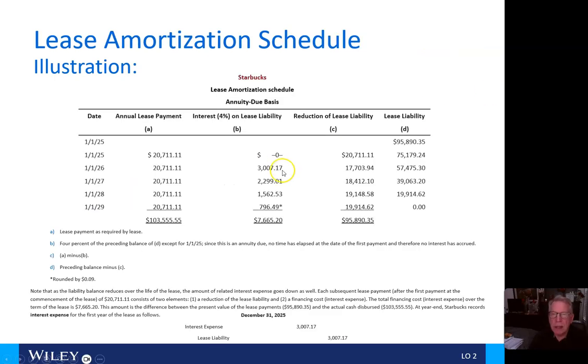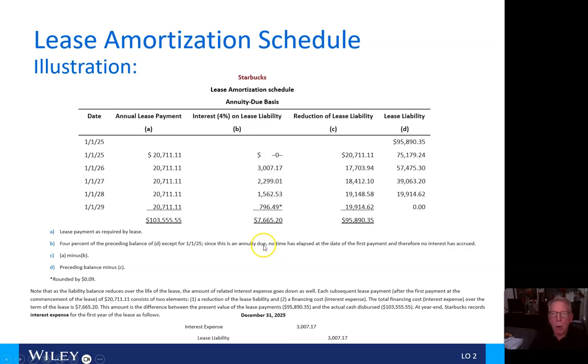Now, if we look at the lease amortization schedule, we'll start with $95,890, and our annual lease payments will remain constant, and the interest of 4% will be $7,665.20, and so the reduction of the lease liability will be $95,890.35. I think you follow that arithmetic.